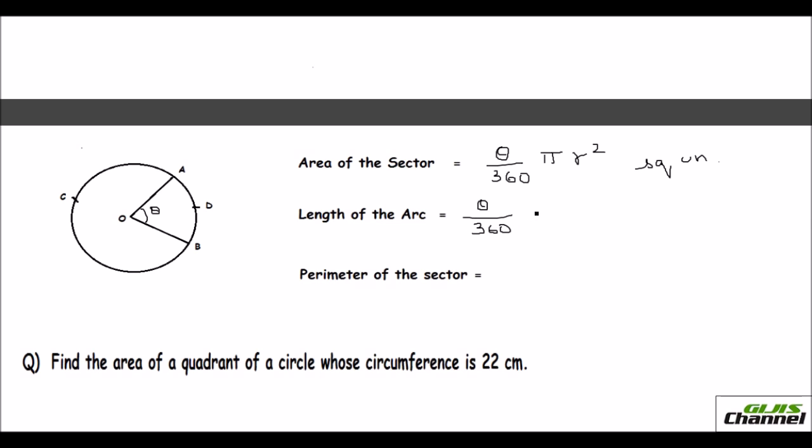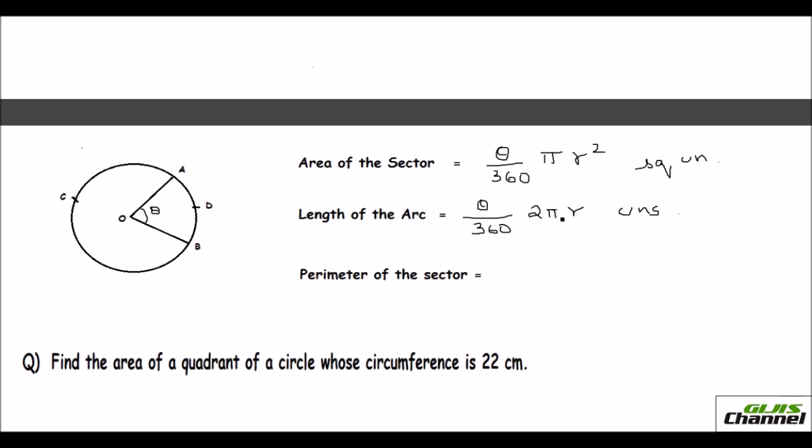And you use the circumference formula here, that is 2 pi r, okay? So for the area of the sector you use the area formula, and for the length of the arc, since the length of the arc is on the circumference of the circle, you take the circumference formula here, okay? And this would be in just units, no square units, okay?